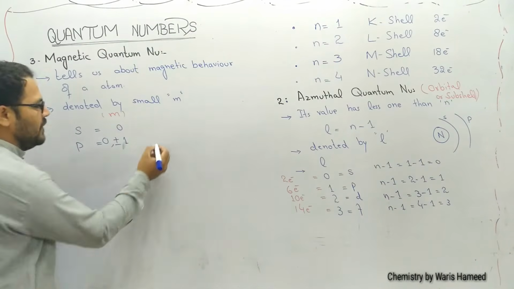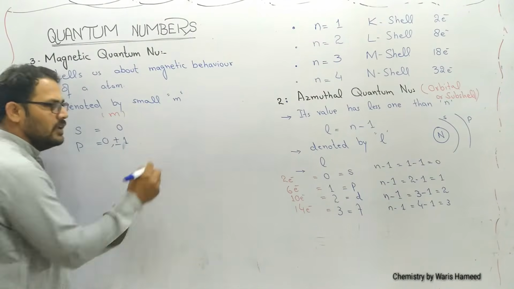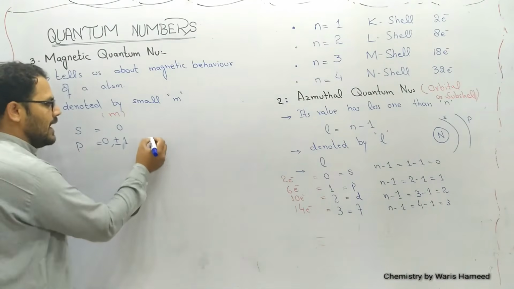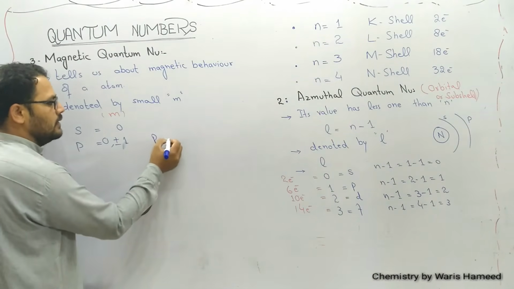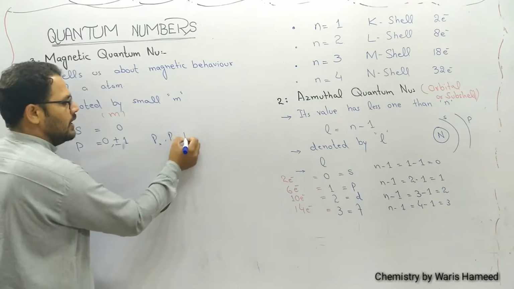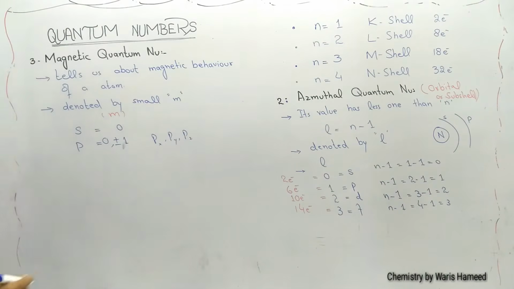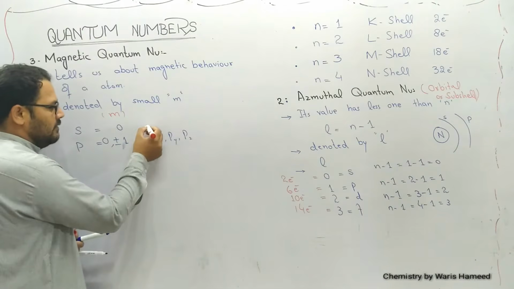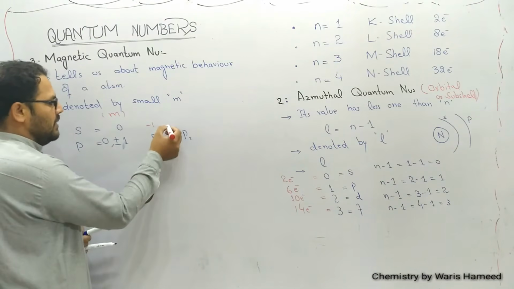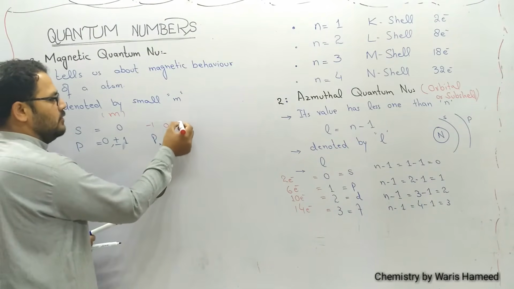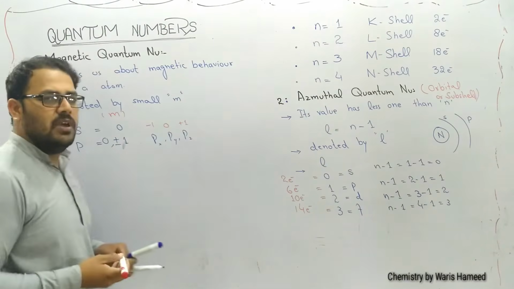We can say that P will orientate itself in 3 dimensions as Px, Py and Pz. Px may have minus 1, Py may have 0, and Pz will have plus 1.